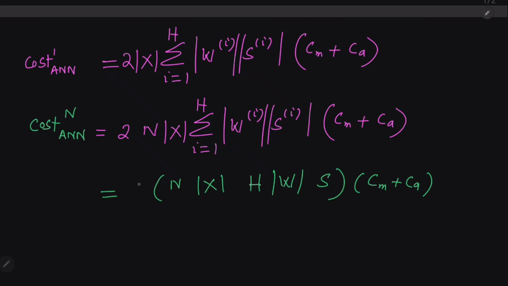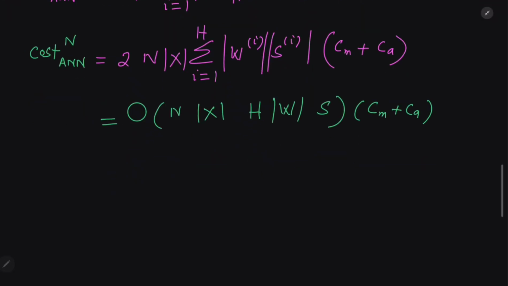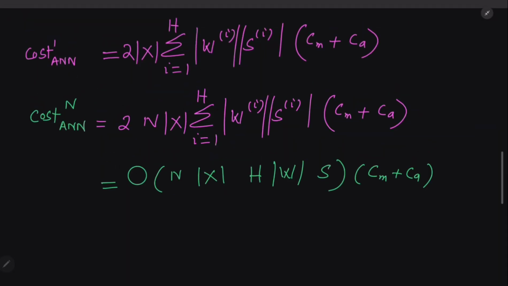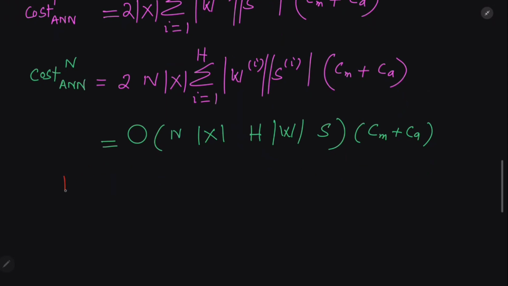That's how we write the cost, by writing the order of the cost, order of the function, and so on. Suppose, let me talk about one particular example. Suppose we have 32 layers and 32 neurons in each layer, and the sample size is 10 raised to power 5.